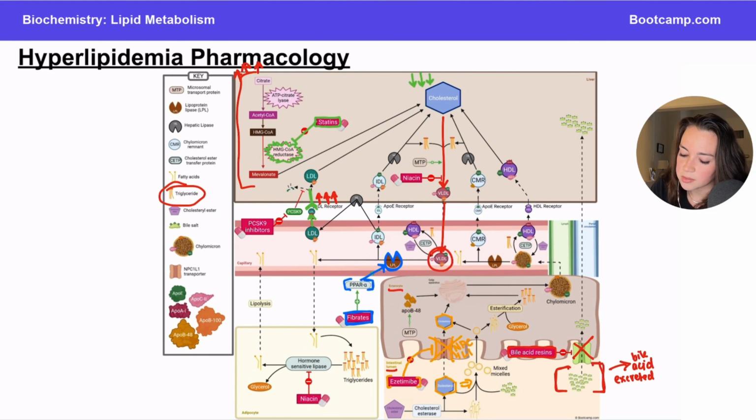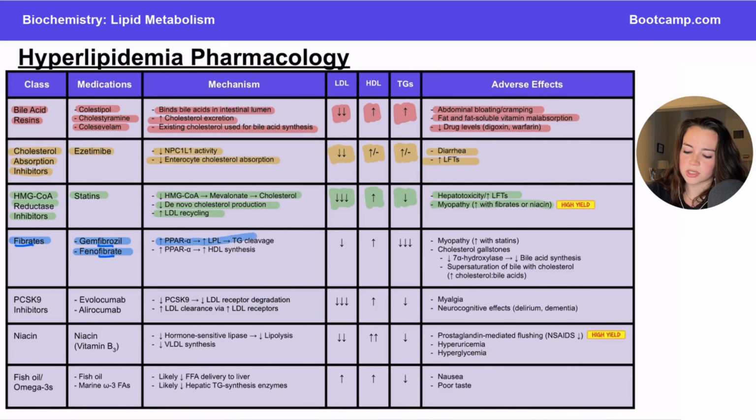And that lipoprotein lipase is in charge of cleaving triglycerides out of things like VLDL into fatty acids, thus decreasing the serum triglyceride concentration.